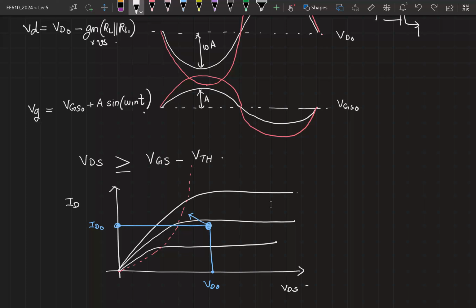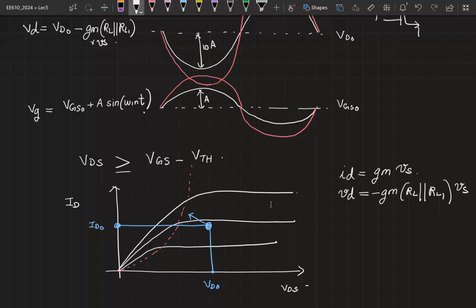If I assume that the small signal analysis is still valid, right, then I could say that my ID is equal to GM times the voltage appearing at the gate, right? And the drain voltage VD is equal to minus GM times RL parallel RL1 into Vs. Based on these two, can you comment how ID versus VD would look like? It should be a straight line.